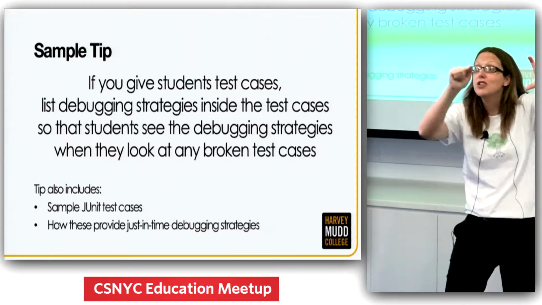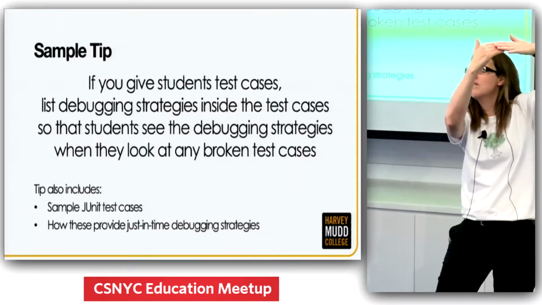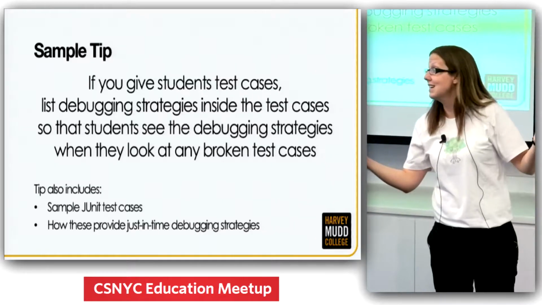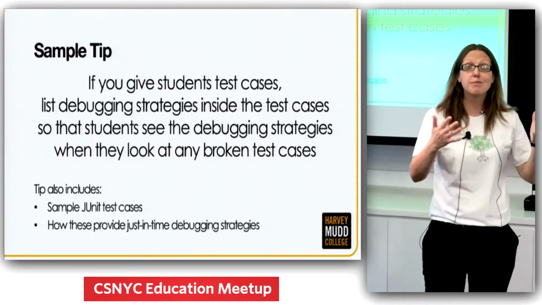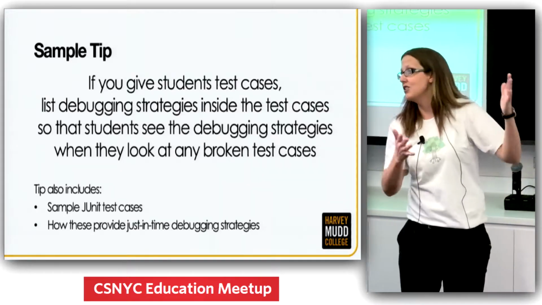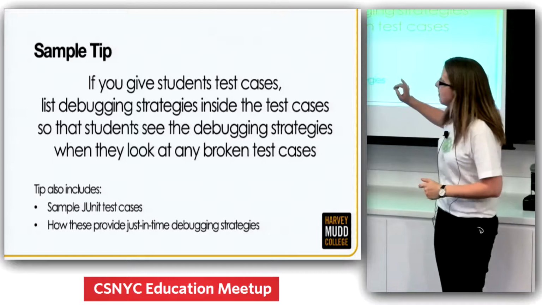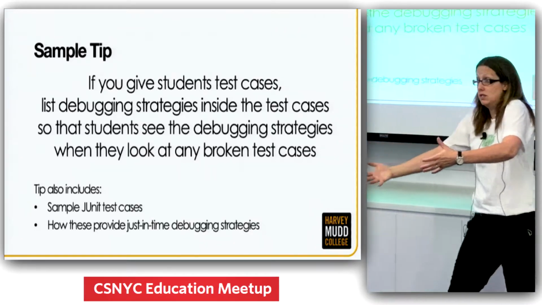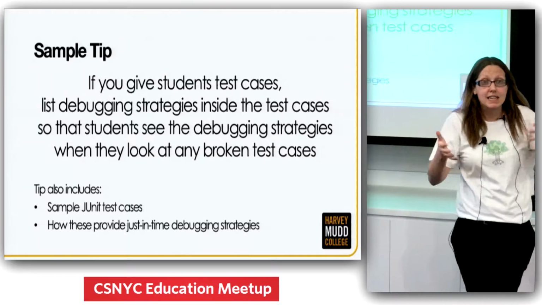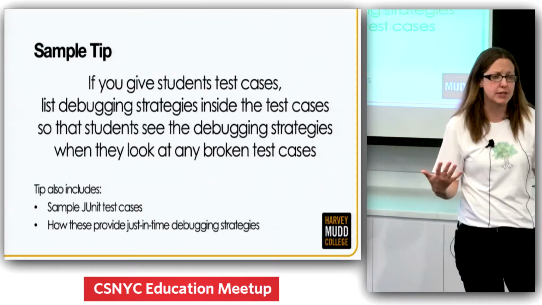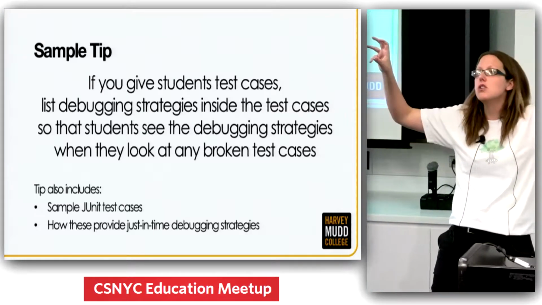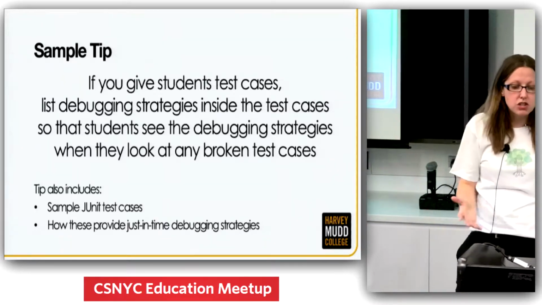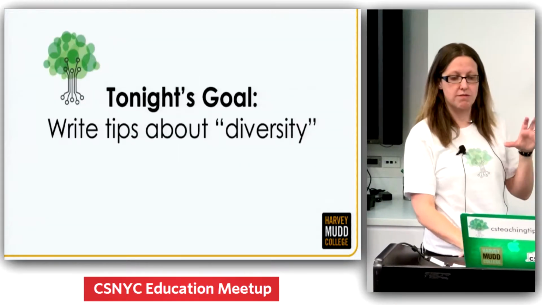Then the student looks at that test case, and you give them something like, if this test doesn't work, try adding print statements. You can give them a bunch of stuff. In there, I provide the actual test cases that I give to my students, and I also provide an explanation of why I think this is helpful. Okay, so that's trying to give you a sense of this pedagogical content knowledge, the computer science specific tips.